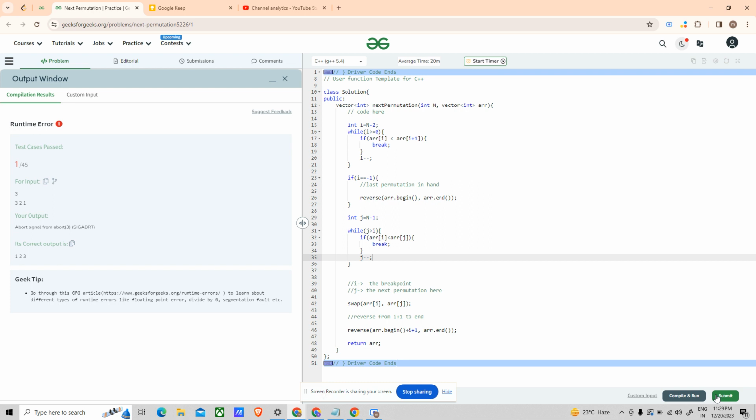Oh, 321 is giving an error. What error? Why is it giving an error? i equals n minus 2. The abort signal says that I have used something somewhere which I should not have used.